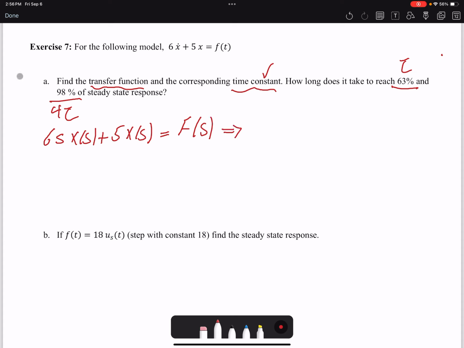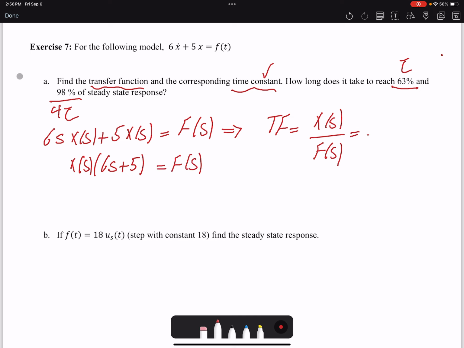F(s) is the input, so if I want to find the transfer function, it would be X(s) over F(s), and this X(s) here I can factor: (6s plus 5). So I have 1 over 6s plus 5. That's the transfer function, but the problem is not done.